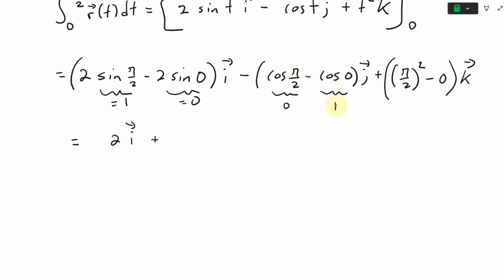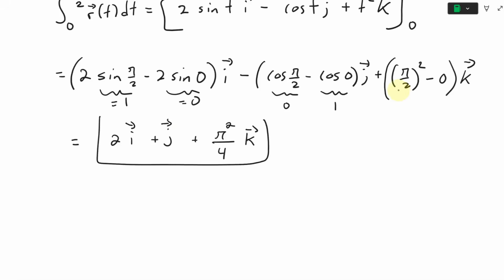So plus j. And then lastly, the last one is right here, pi over 2 squared, which is just equal to pi squared over 4. Okay, yeah, so that is what we get. And we can just box this whole thing in.